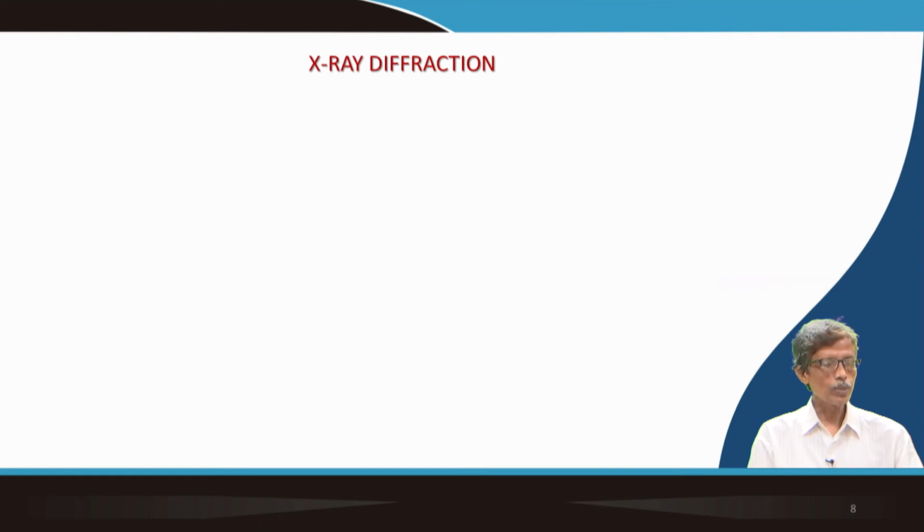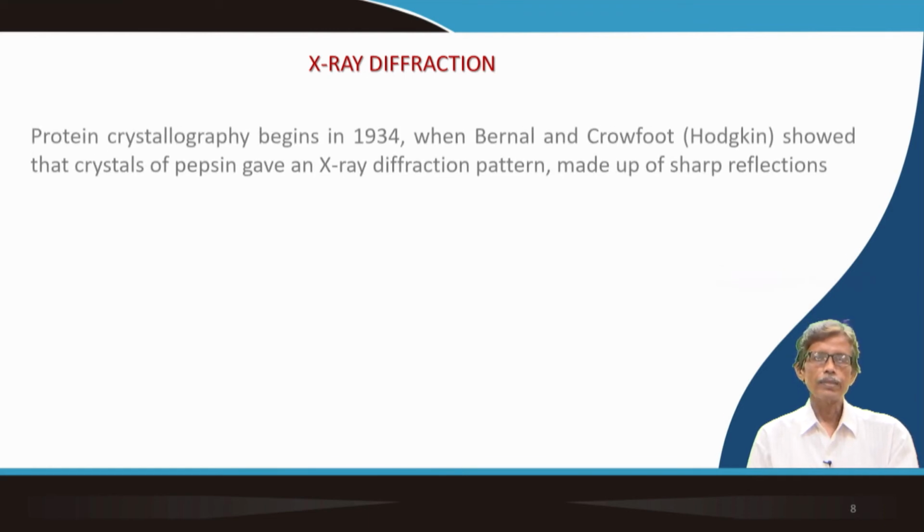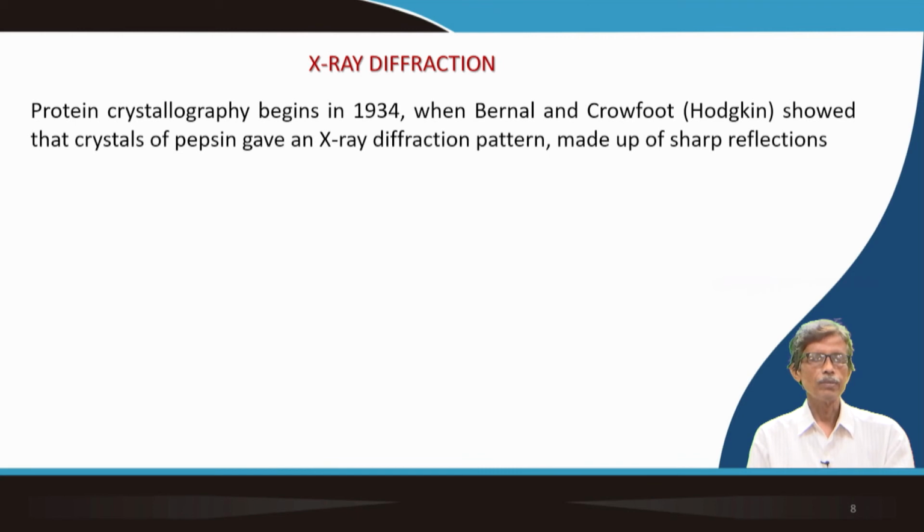So, next we quickly see the X-ray diffraction technique. The second technique that can be useful, and which is also a complementary one, is protein crystallography. Unlike small molecule crystallography, it again deals with single crystal structures, and it began during 1934.